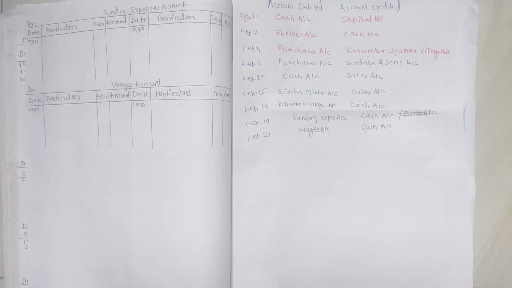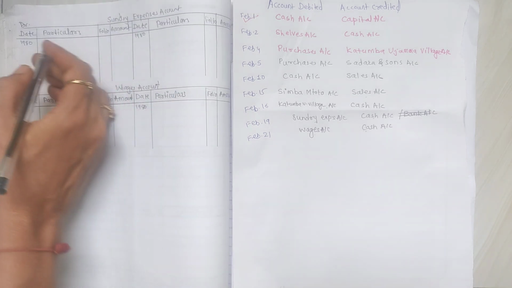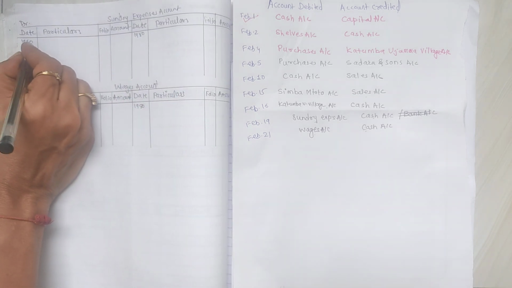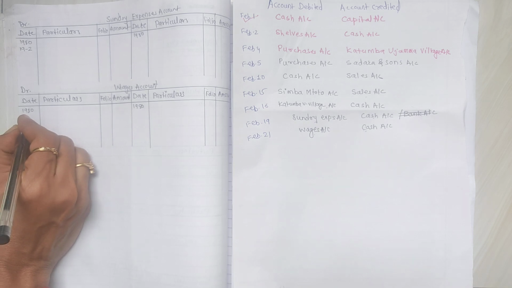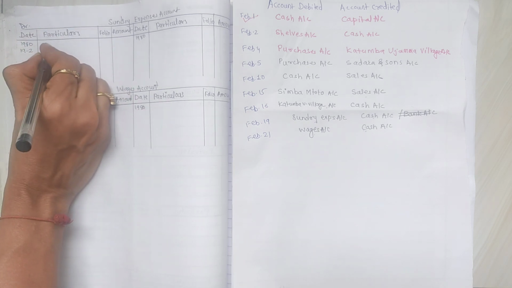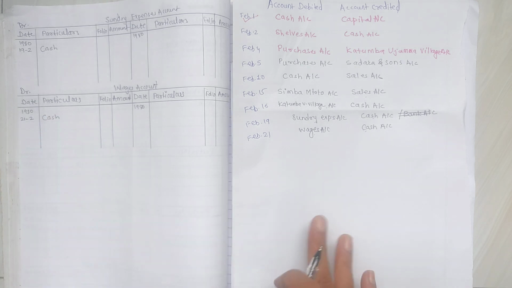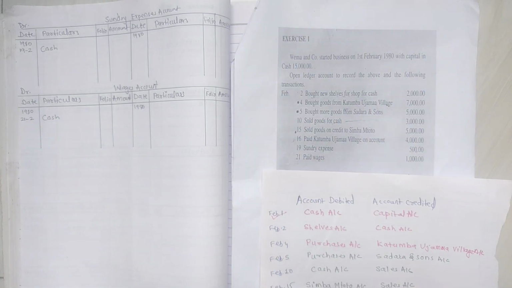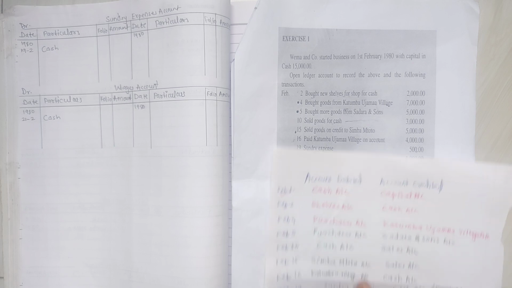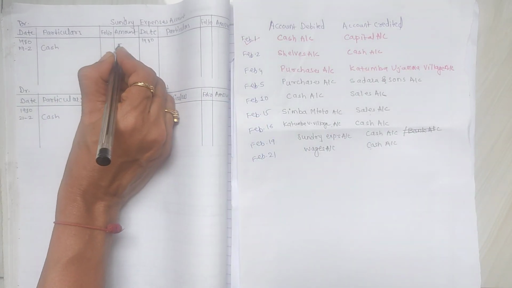In both accounts you write the effect on the debit side, on 19th Feb and 21st Feb. Here you write the name of the account which is credited, that is cash, and the amount is 500 and 1000 respectively.